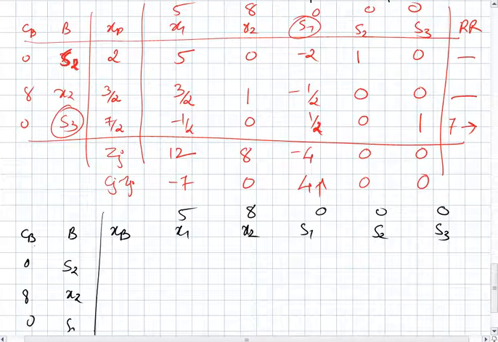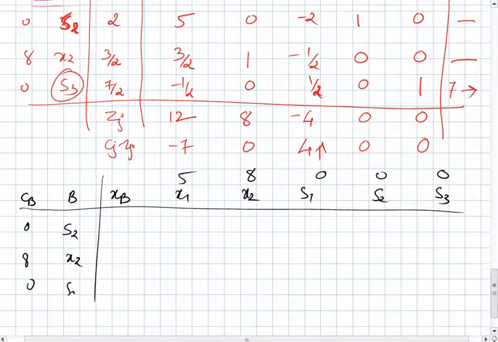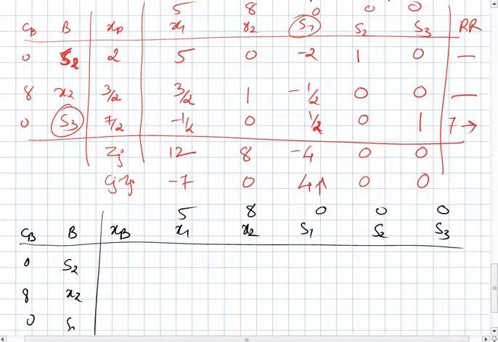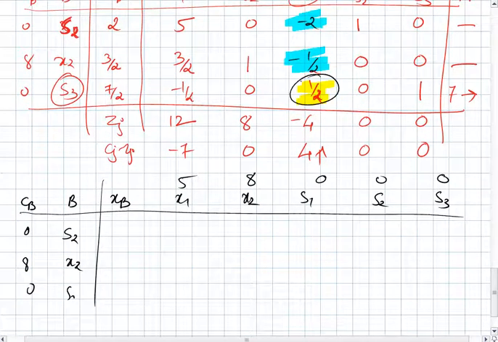Now apply the RRE process. So first of all, we have to make this entry 1 and then apply the process to get this entry 0. So to make this entry 1, we have to multiply everything by 2. So here we are having 7, minus 1, 0, 1, 0 and 2.